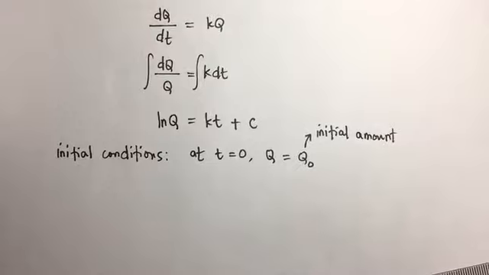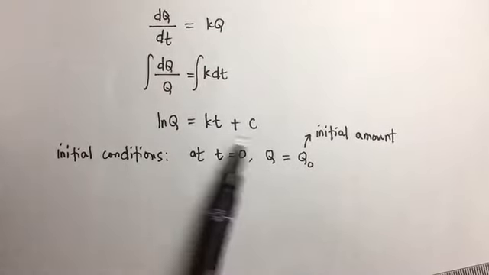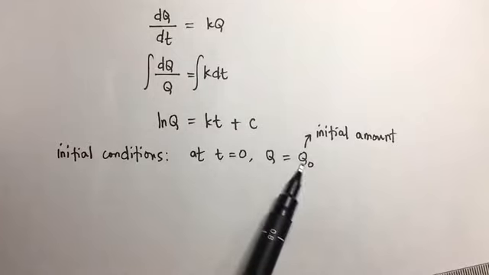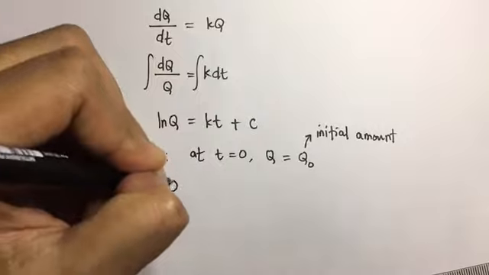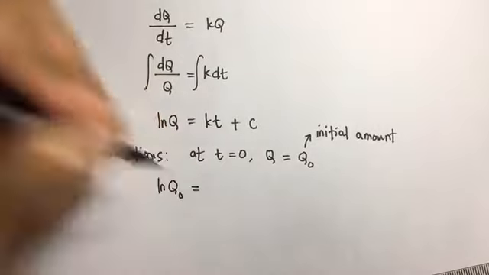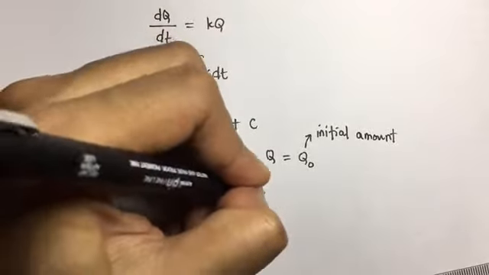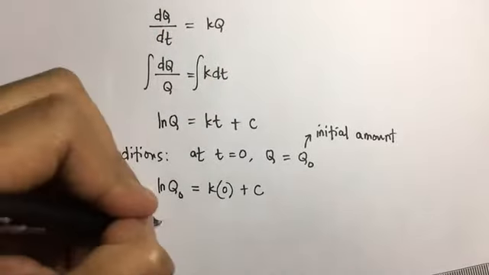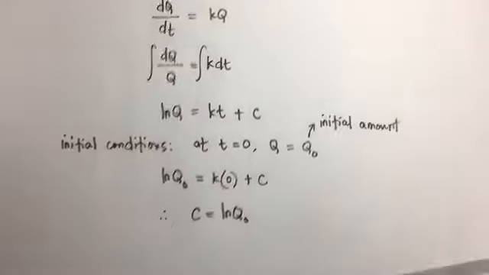So substituting t equal to 0 and Q equal to Q sub o, that will be ln of Q o, the initial, is equal to k times 0 plus C. Therefore our C is now equal to ln of Q o.